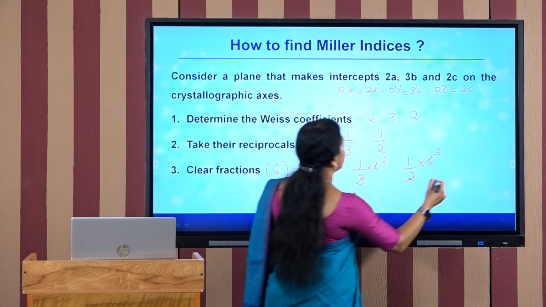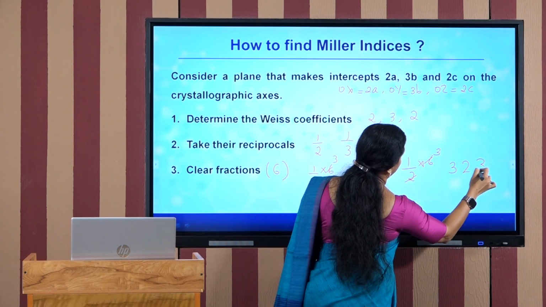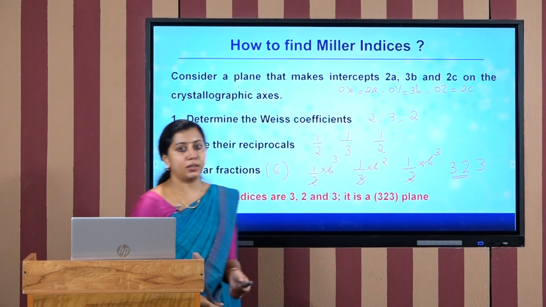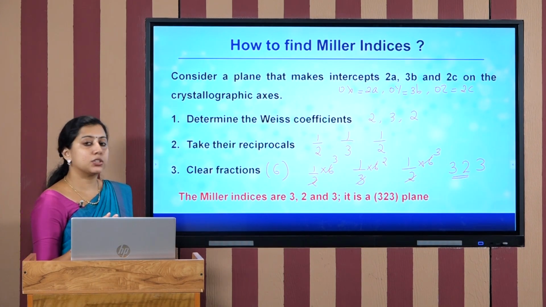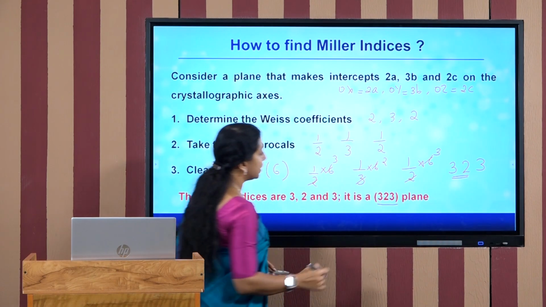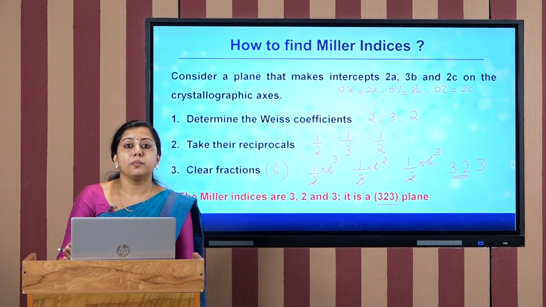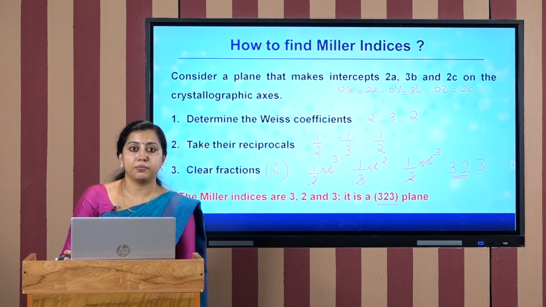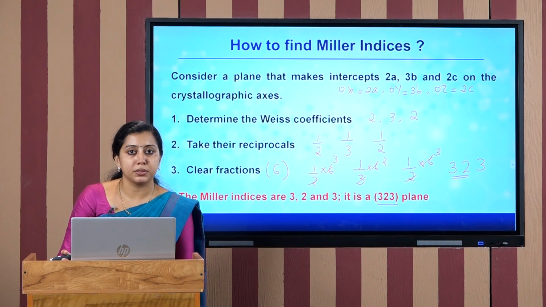So, we got the Miller indices as 3, 2 and 3, and we can represent such a plane by writing 3, 2, 3 in parenthesis. So, it is a (3 2 3) plane. And this is how we find the Miller indices of any particular plane. First, you have to determine the Weiss coefficients, second, take their reciprocals, and third, clear fractions and convert them into whole numbers.